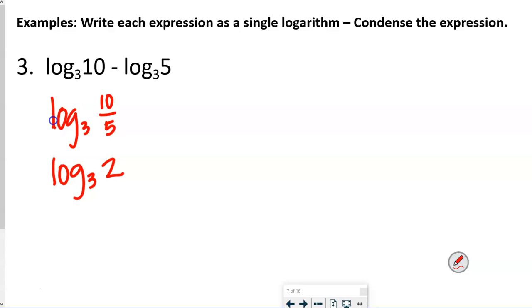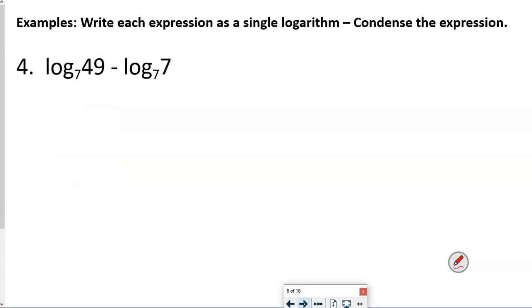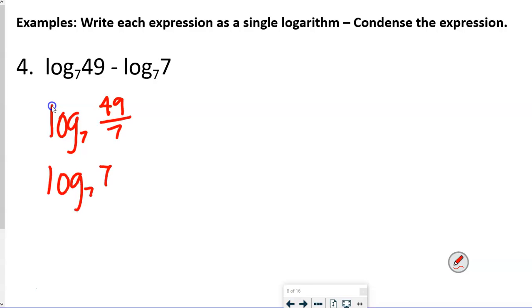And again, we know by the change of base how we could solve that. So on this one, again, same base, log base 7 of 49 minus log base 7 of 7. So we've got log base 7 of 49 divided by 7. So this is going to be log base 7 of 7 because 49 divided by 7 is 7.